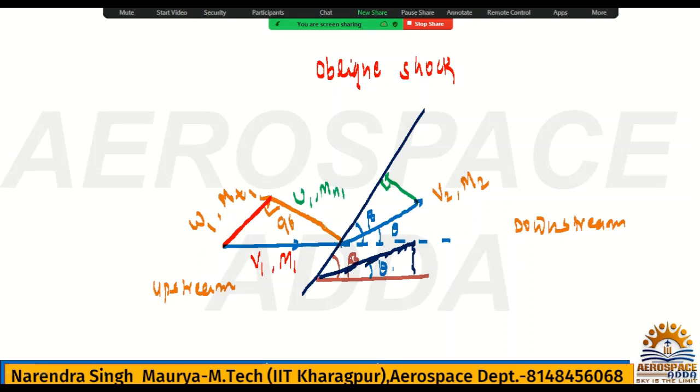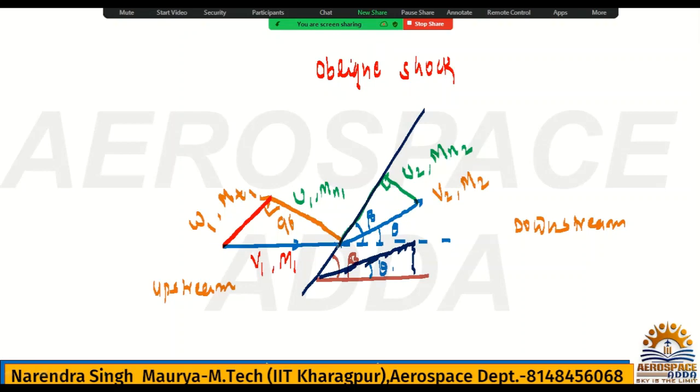Because it is the normal or perpendicular component. Similarly for the downstream, the velocity becomes u2, and the Mach number will be Mn2, this perpendicular component. Okay, and where is the tangential component? For this flow, the tangential component will be here only.